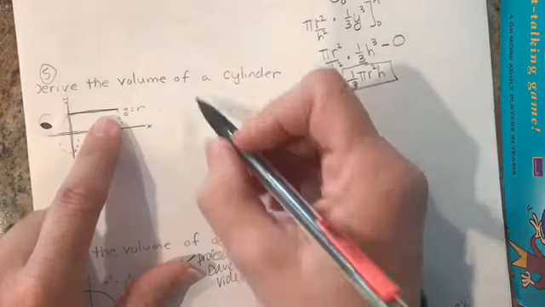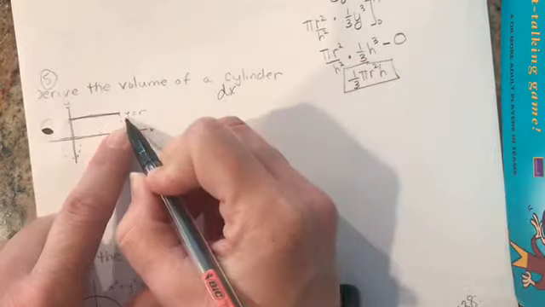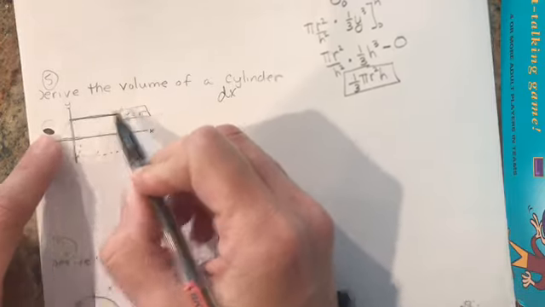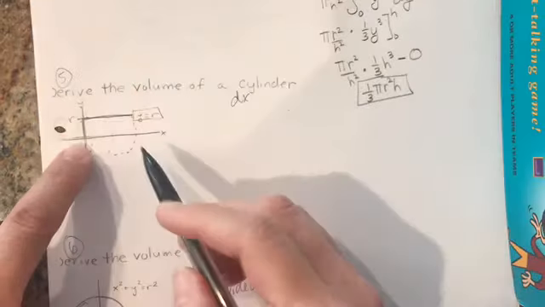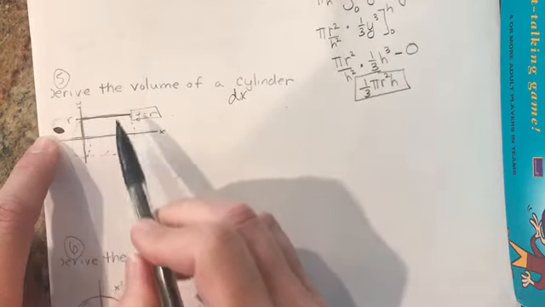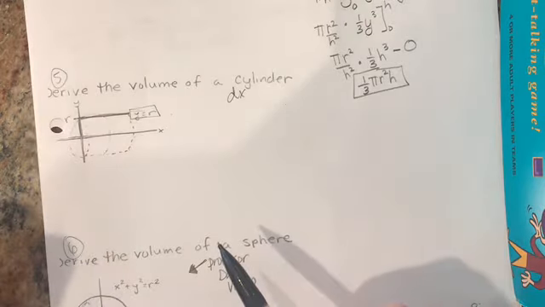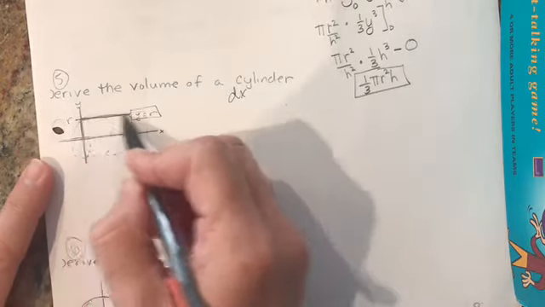So we're gonna go across the x-axis. This is a dx problem. All right, the value right here is r, which is like the radius of the cylinder, right? And the length of it, this would be like the height of the cylinder.